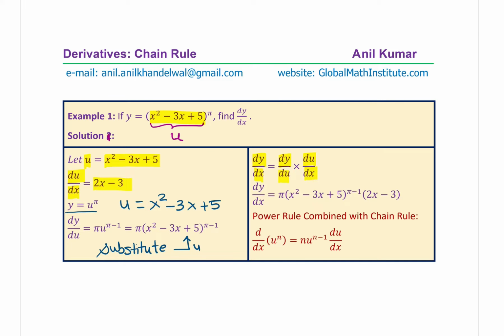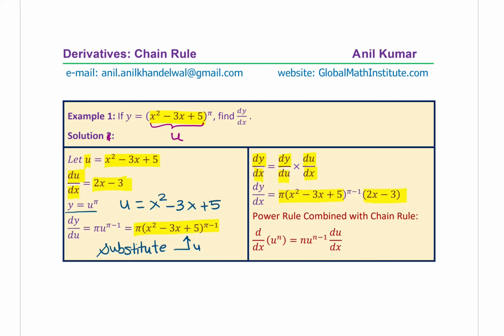So we can multiply these two and get our result. Is that clear to you? So dy dx will be dy du, which is right there, times du dx, which is 2x minus 3, right?